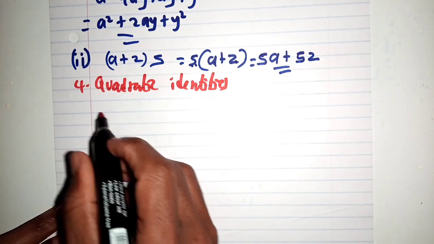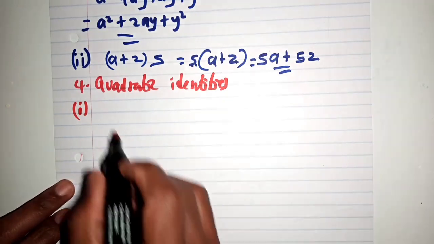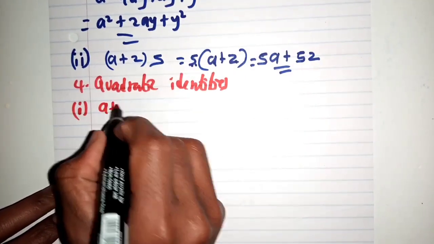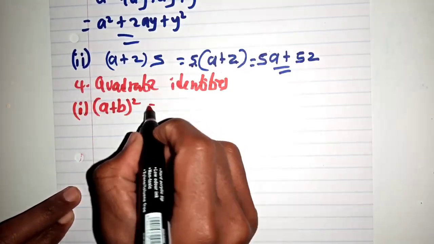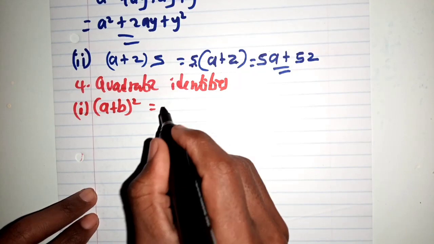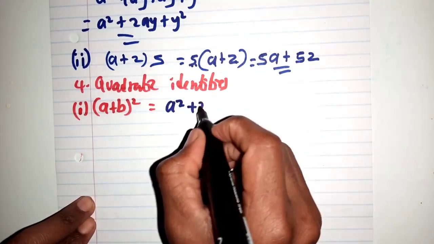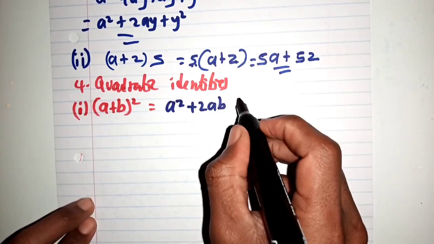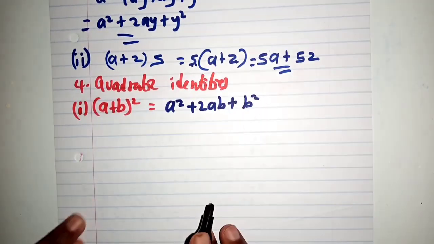We are going to have this one here, Roman 1. When you have (a plus b) and you are told to square, this is what you normally get. You will get a squared plus 2ab plus b squared.